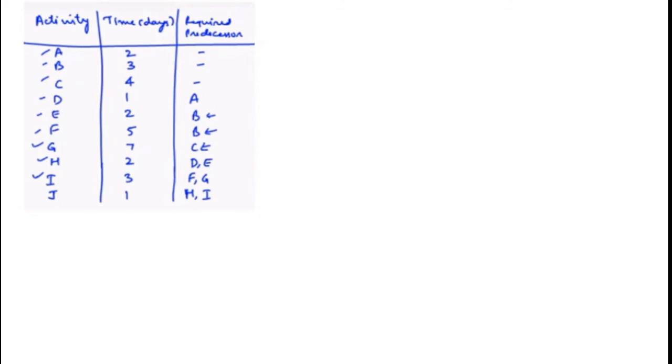For example, it is given that for A, B and C, no predecessor is required. So we can simply draw them with the same start event. It will have A, B and C, and their times are also given, 2, 3 and 4.